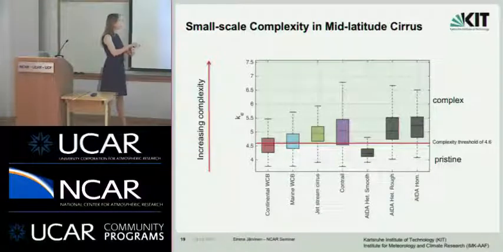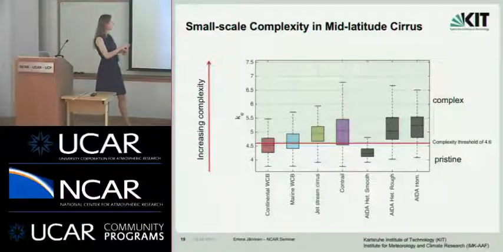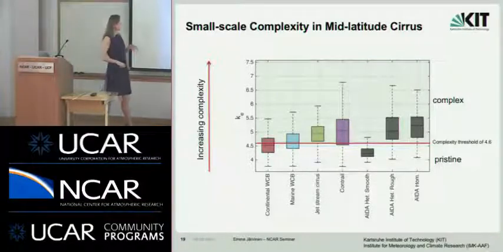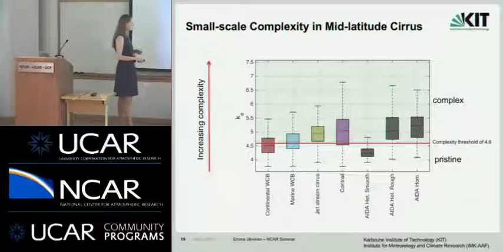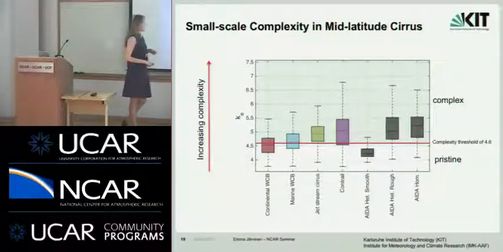So again, we have here the complexity parameter. Increasing complexity parameter means increasing complexity. And here we have the different cases: continental warm conveyor belt, maritime warm conveyor belt, jet stream cirrus, and contrails.